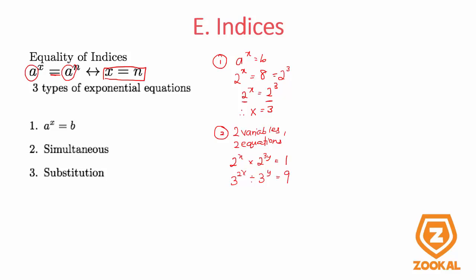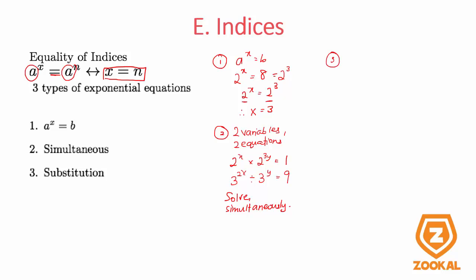So from each individual equation, you can find an equation in terms of x and y. And using these two equations in terms of x and y, you solve them simultaneously. So this is where your skills outside of indices also come into play.